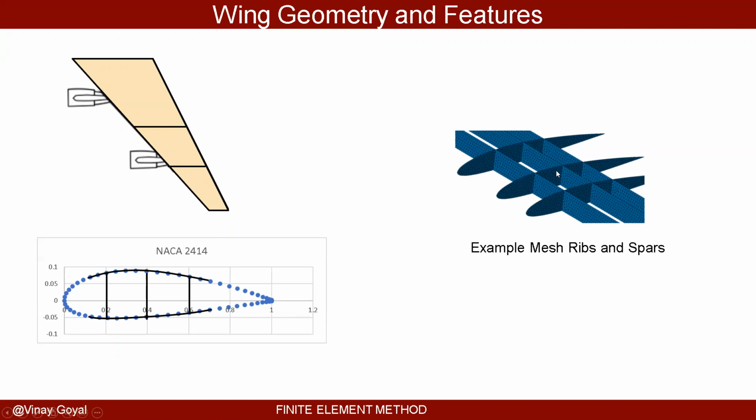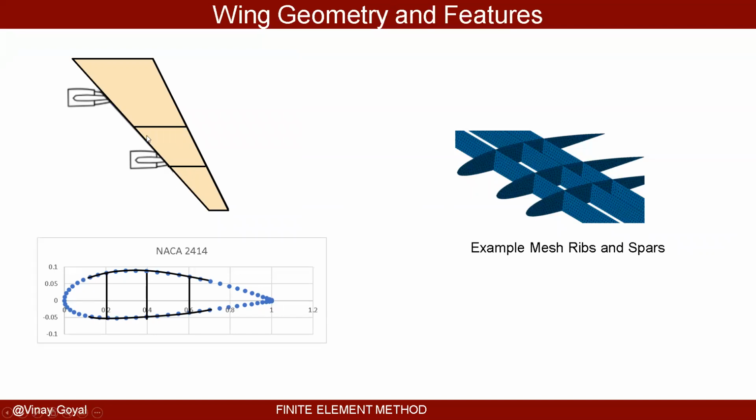And these ribs provide the shape of the wing, also prevent some amount of buckling. And the spars provide the stiffness required so that you don't have a catastrophic failure of the wing. Also, you have this particular outer shell that can also provide the additional stiffness required.